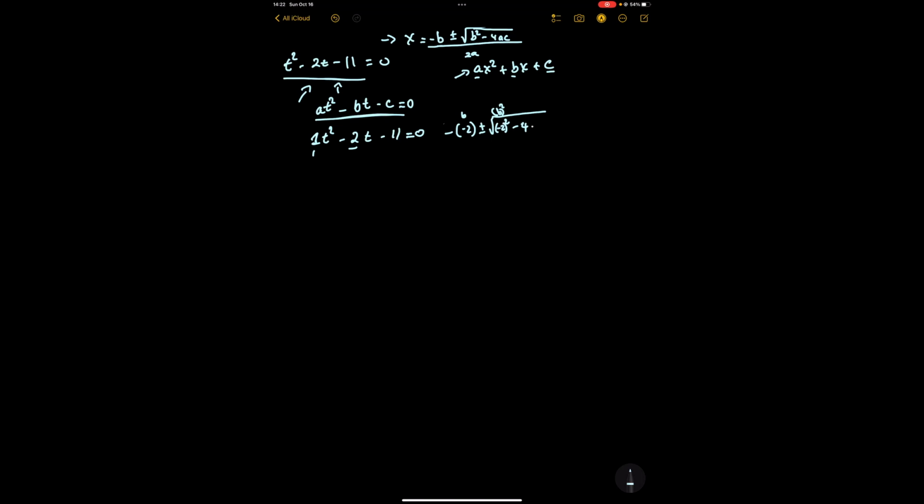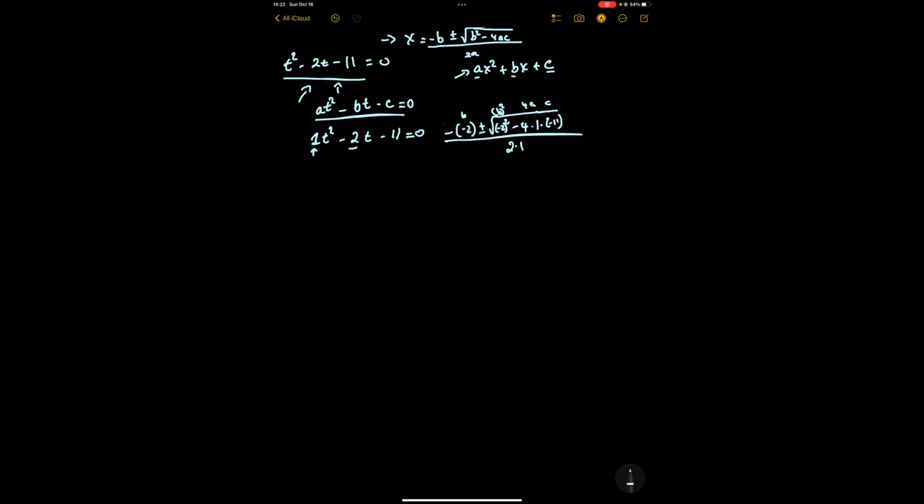What is a? a is equal to 1. Times c, and c is equal to negative 11. That's 4ac, over 2a, which is 2 times 1.